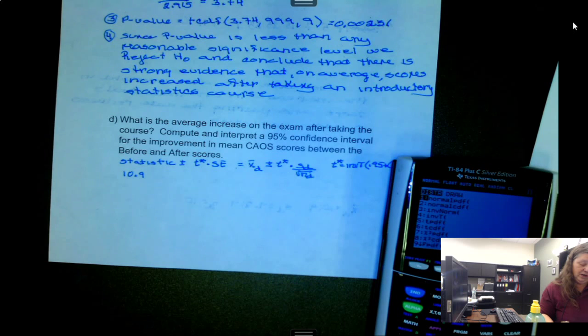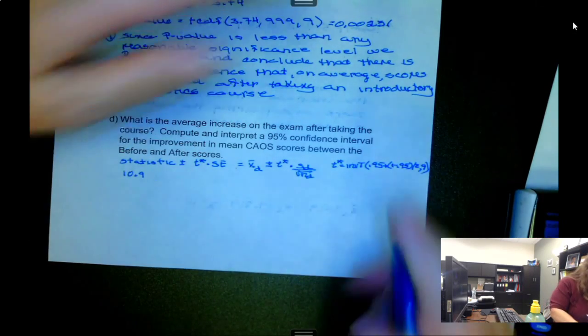So second vars, inv T, 0.95 plus 1 minus 0.95 divided by 2, 9 degrees of freedom. We have 2.262.